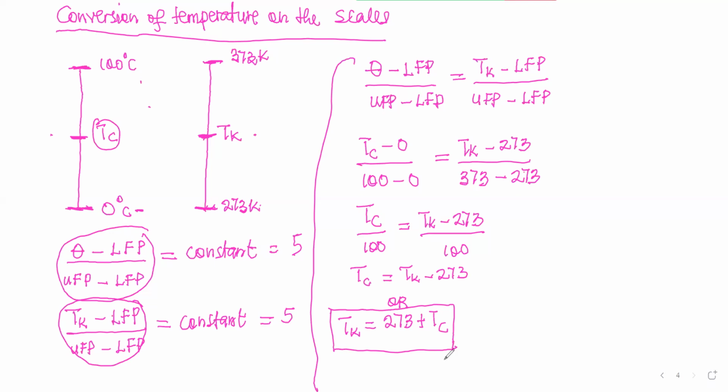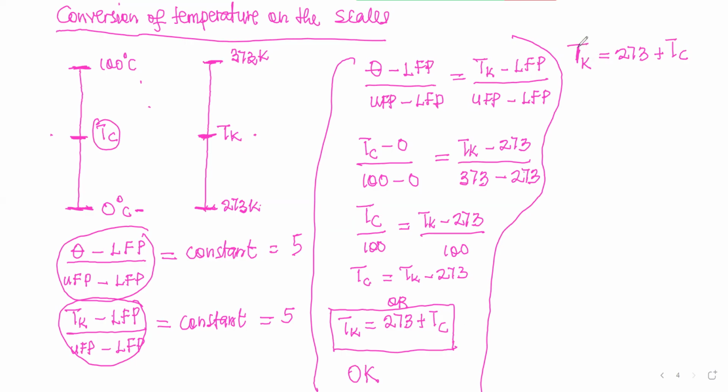Frank earlier asked the question, if I'm given 0 Kelvin, what will be its equivalence on the Celsius scale? So with this, I can determine its equivalence on a Celsius scale. TK is equal to 273 plus TC. I'm giving a temperature on the Kelvin scale, 0.